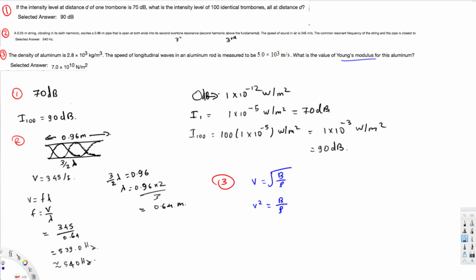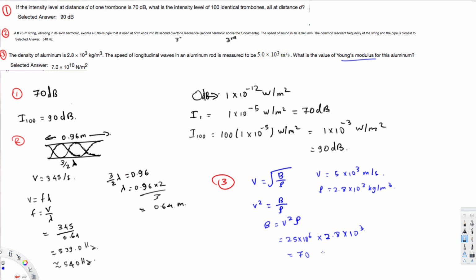Our question is to find B, so B is equal to v squared times rho. v is provided, 5 times 10 to the power of 3 meters per second, and density is also provided, 2.8 times 10 to the power of 3 kilograms per meter cubed. Therefore v squared is 25 times 10 to the power of 6, and multiplying by rho, 25 times 2.8 gives us 70.